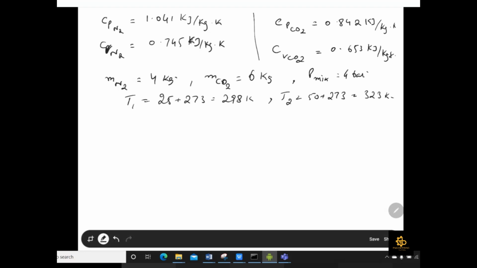Okay, so now the first thing required is to find the Cp and Cv values of the mixture. We can use a simple relation from which we can easily find the Cv value of the mixture.